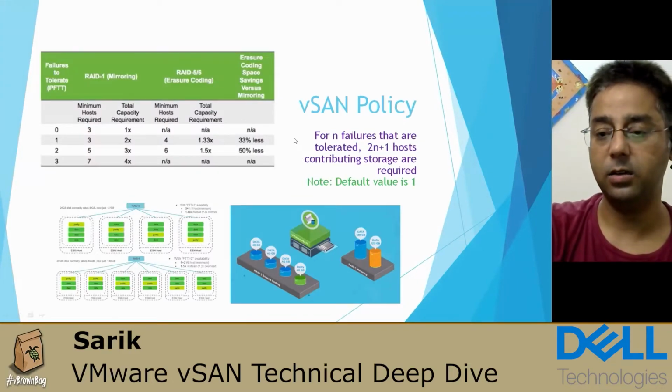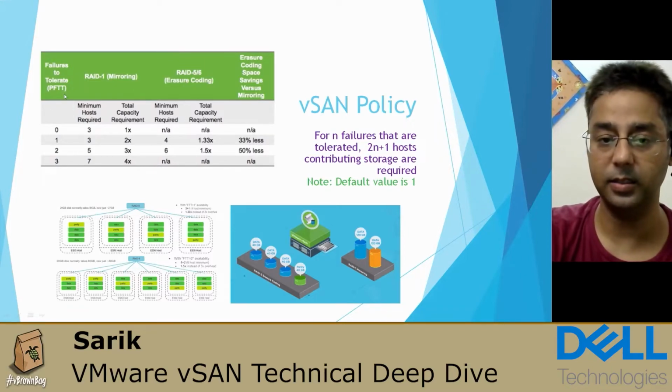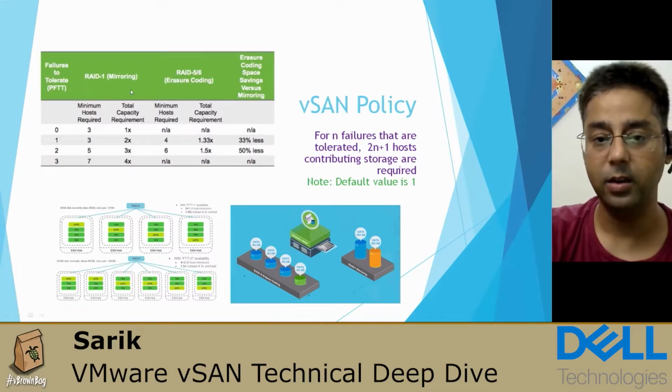Since we said that vSAN is a policy-driven, software-defined storage solution, we can create vSAN policies, and these are the parameters we have. We have RAID 1 and RAID 5.